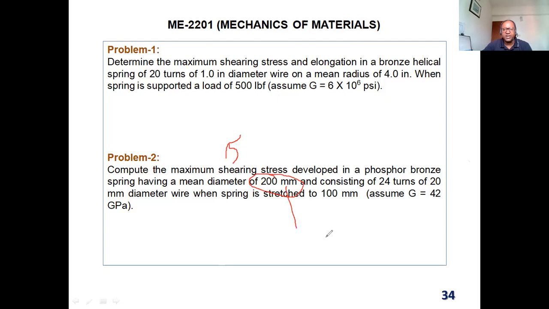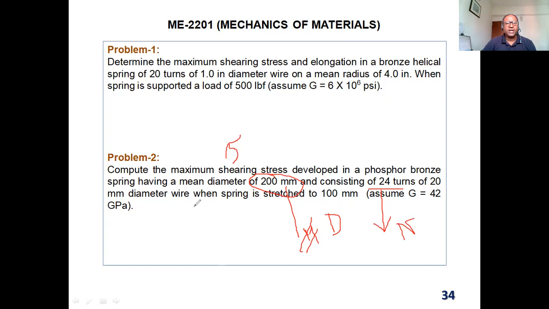That means they give a mean diameter D, consisting of 24 turns, number N given.